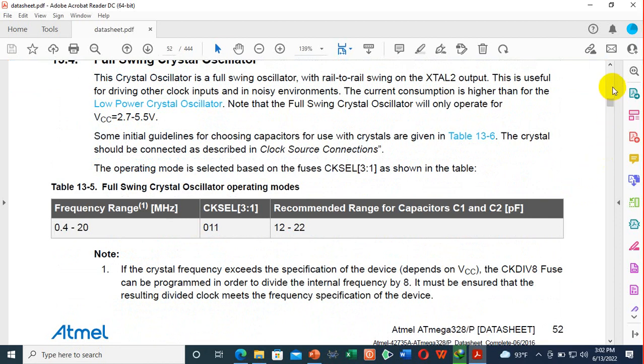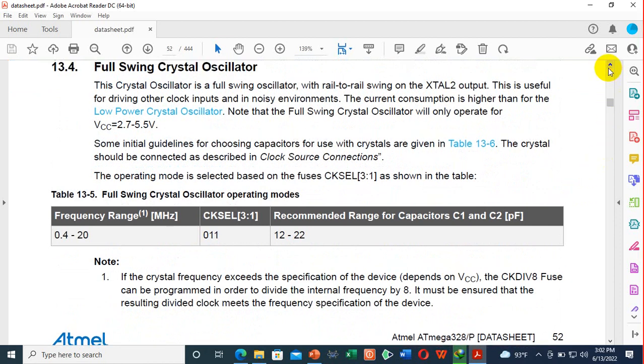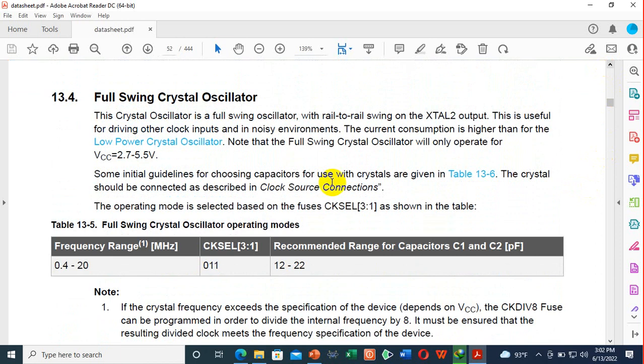For the full swing crystal oscillator, it's the same thing as in the PowerPoint slide. This crystal oscillator is a full swing oscillator with rail-to-rail swing on the XTAL2 output. This is useful for driving other clock inputs and in a noisy environment. The current consumption is higher than for the low power crystal oscillator.